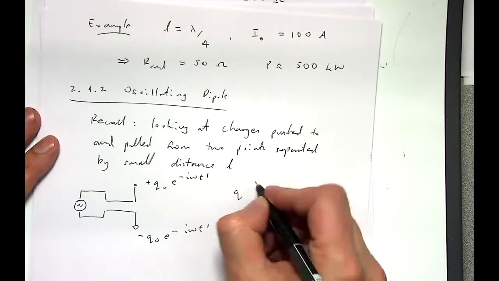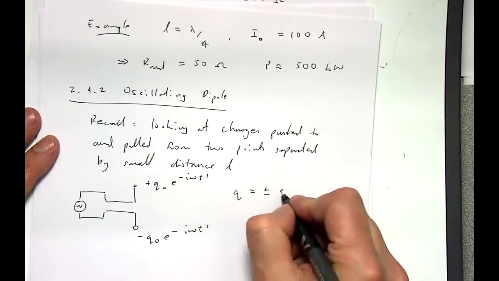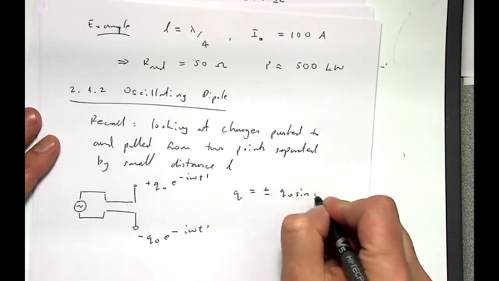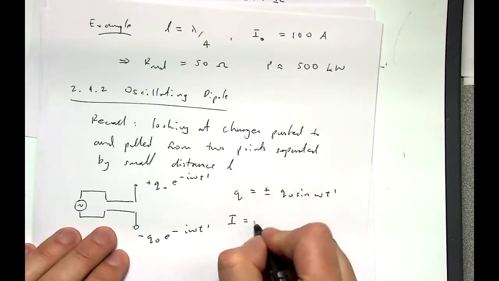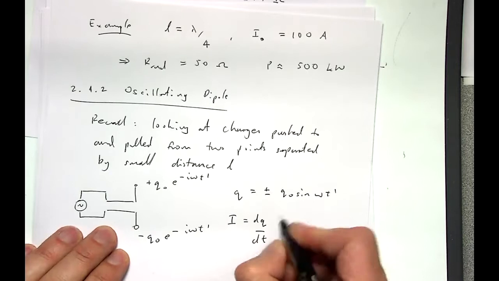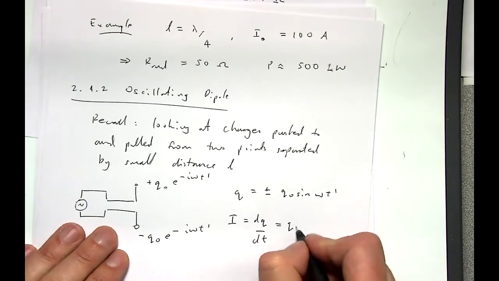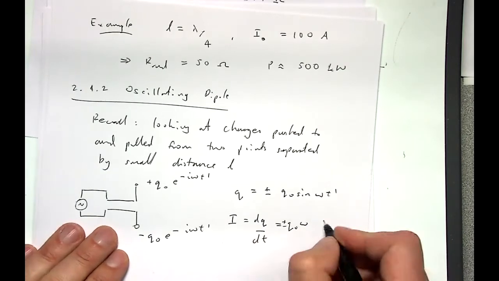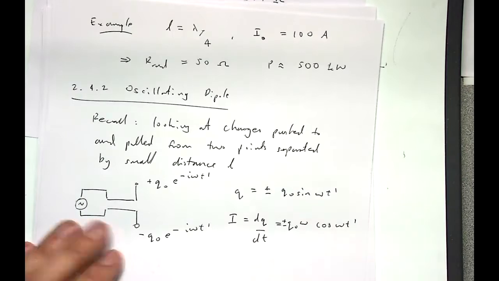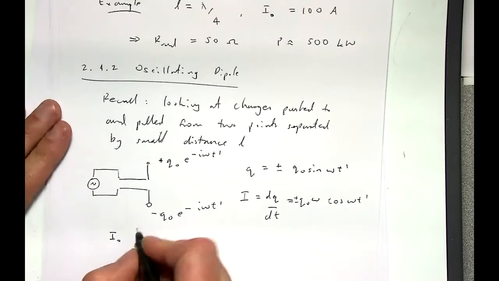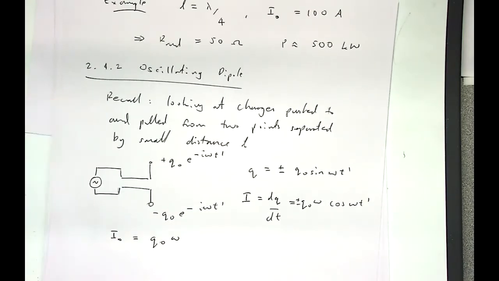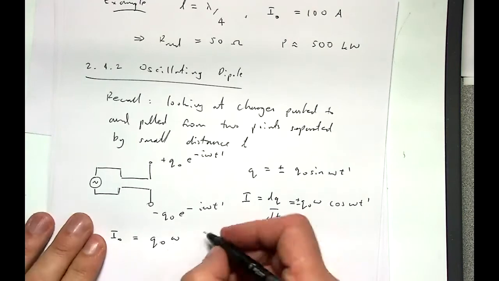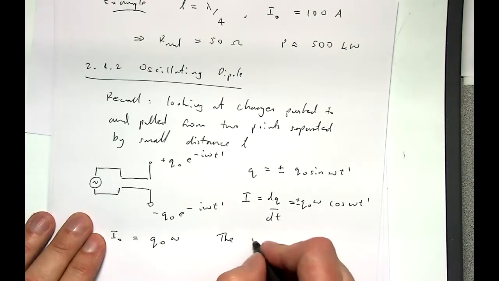So the charge at the two ends is plus or minus Q0 sine omega t prime, if we're writing down the real part of it, and therefore the current goes as dQ by dt, and again it goes as plus or minus Q0 omega cos omega t prime. There's an extra omega that appears there. In other words, I0, the effective current, is related to the actual charge moving times the frequency with which it moves.